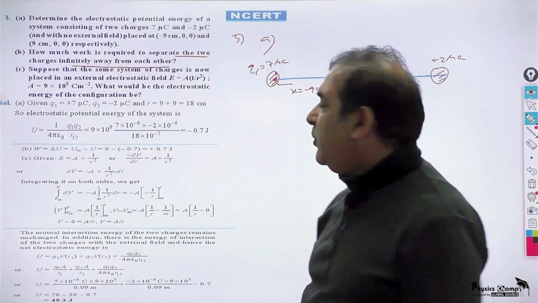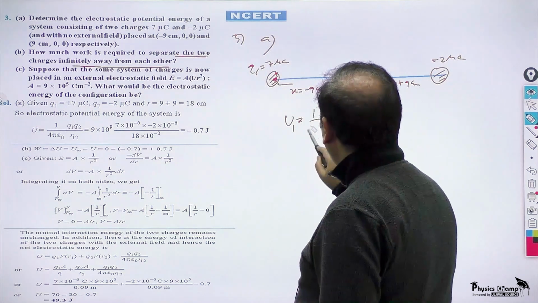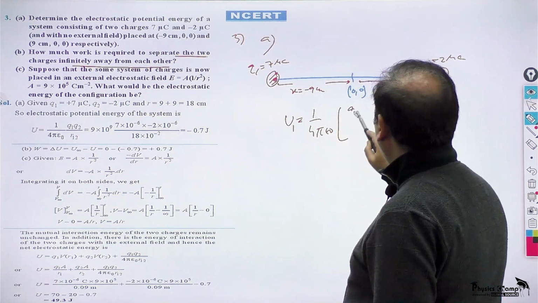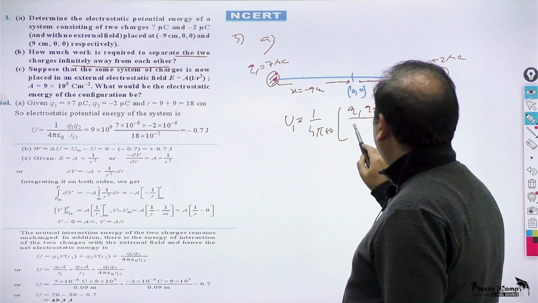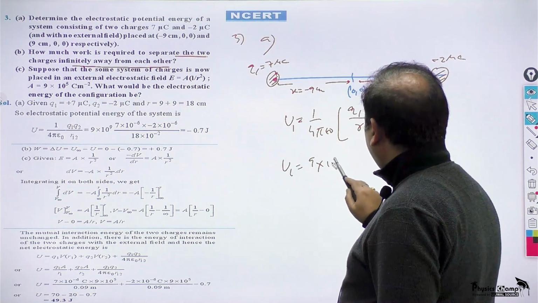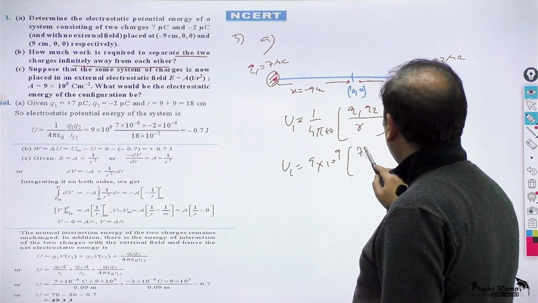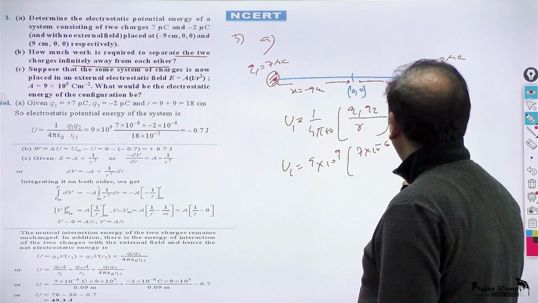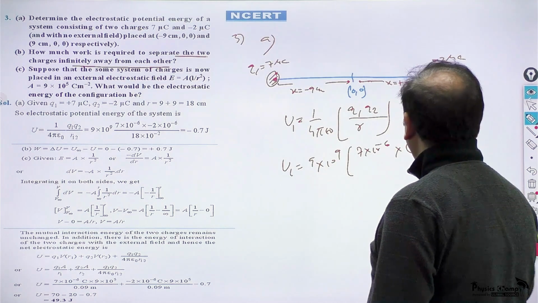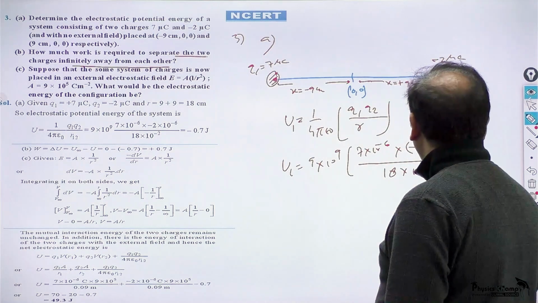Let me find the potential energy here. Potential energy will be 1 by 4 pi epsilon naught into Q1 Q2 divided by R. So it will be 9 into 10 to the power 9 into Q1, which is 7 into 10 to the power minus 6, Q2 is minus 2 into 10 to the power minus 6, divided by R, which is 18 centimeter.